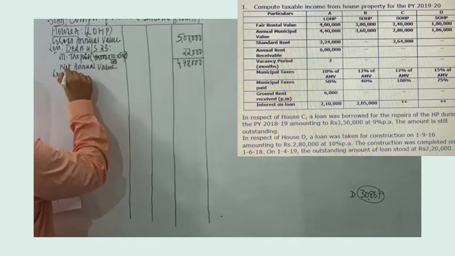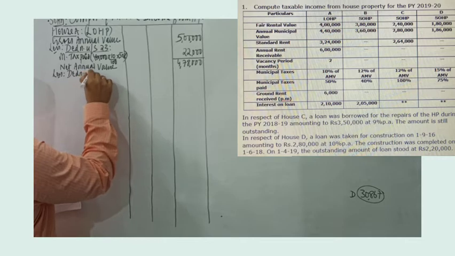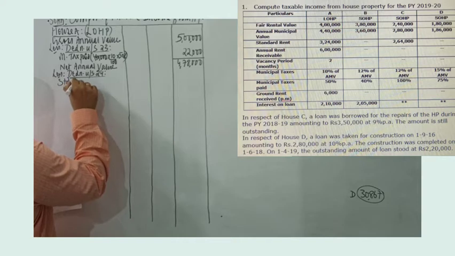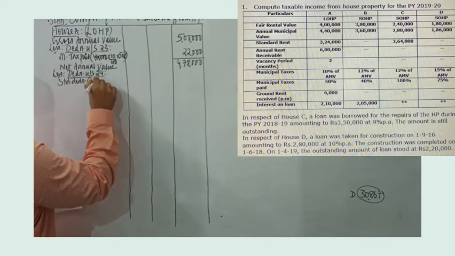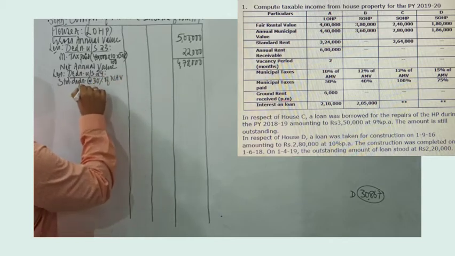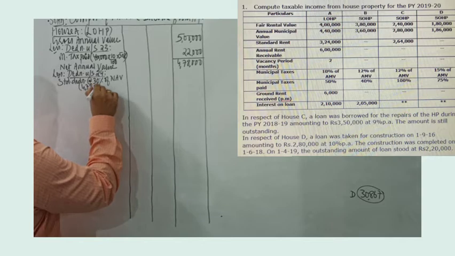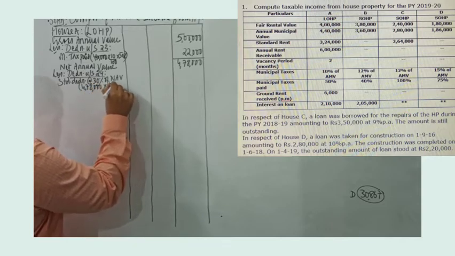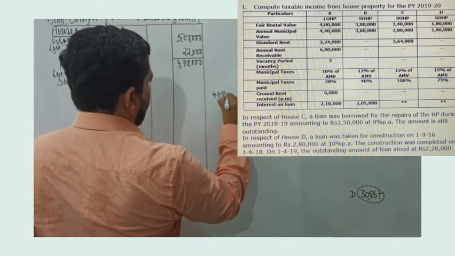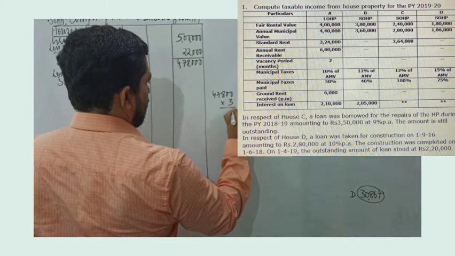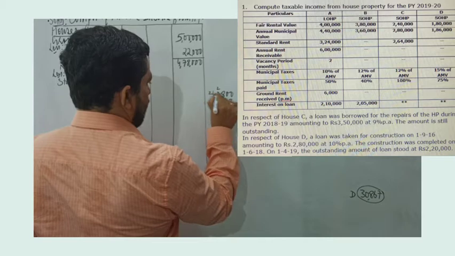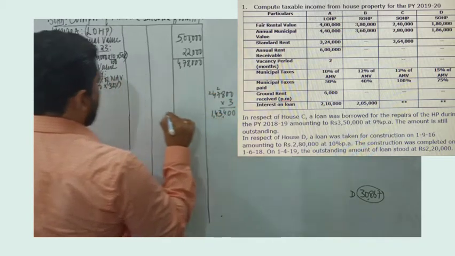And from this I can claim deduction under section 24. We have standard deduction at 30% of NAV. 4,78,000 into 30%. So it will be 47,800 into 3, that will be 1,43,400.